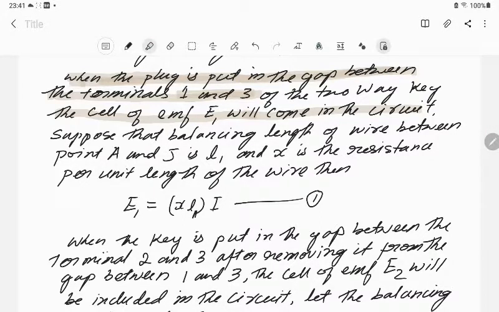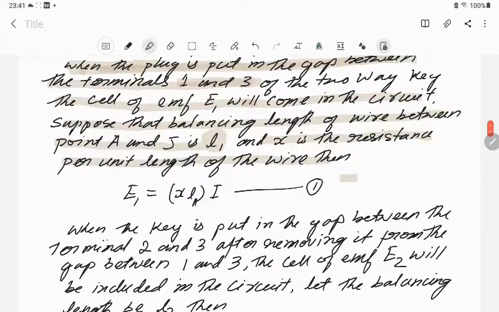That means suppose that the balance length of the wire between A and J is L1. And X is the resistance per unit length of the wire.